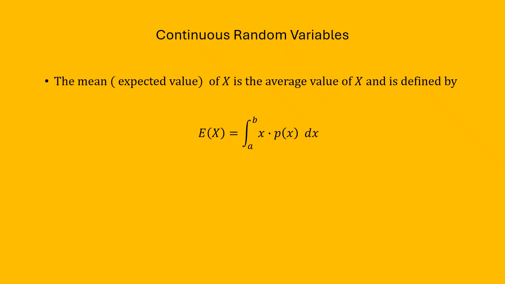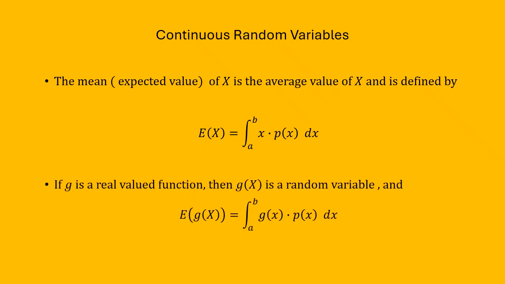Let's remember that all of the weight of the function p of x, everywhere where it's non-zero, is in the interval from a to b. If g is a real valued function, then g of x is a random variable, and the expected value of the random variable g of x is the integral from a to b of g of x times p of x dx.